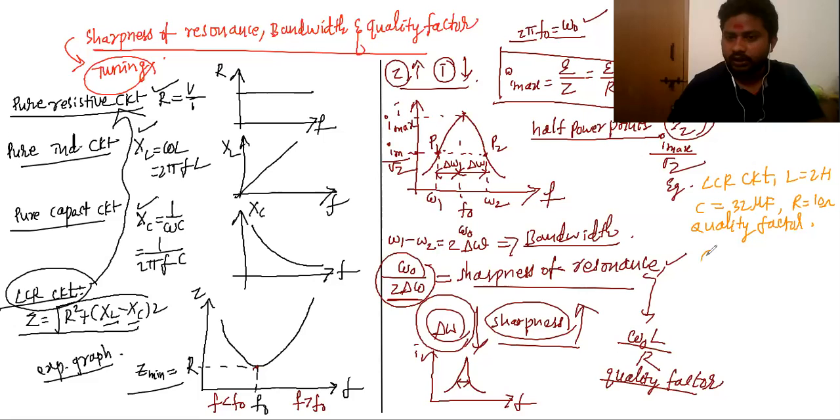The quality factor formula I told you is omega naught L by R. We have L, we have R, omega naught we don't have.